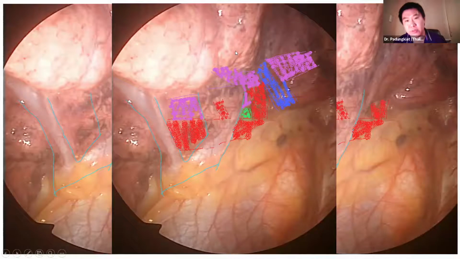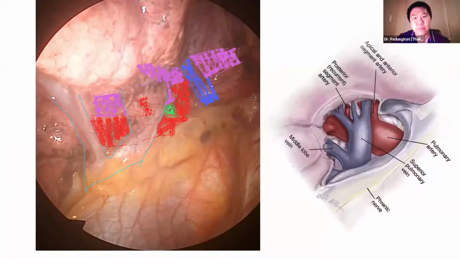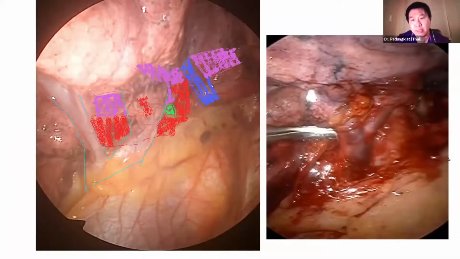Okay, because you know you have to dissect around this structure anyway, it saves your time a lot when you do that. Okay, and this is what you see when you mobilize the anterior mediastinal pleura already.